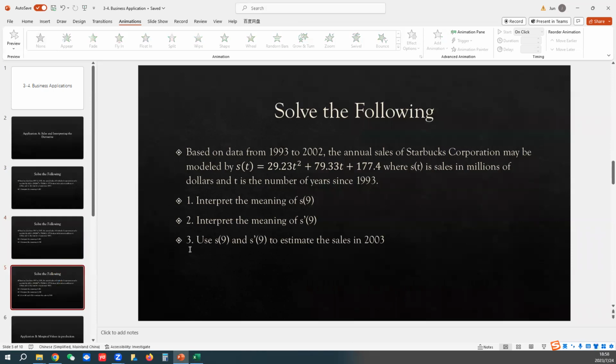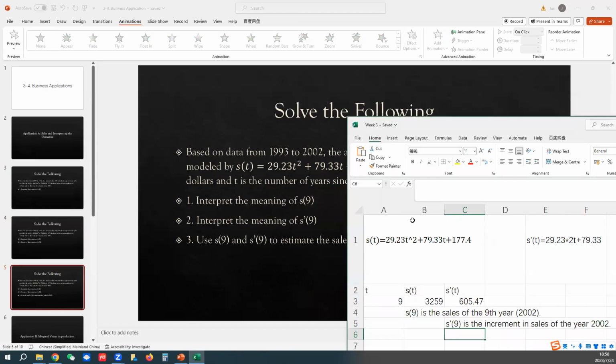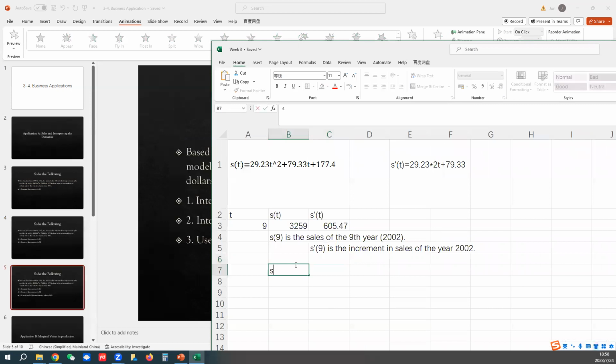The last one, use S9 and S prime 9 to estimate the sales in 2003. So first, S9 is the sales of 2002, plus now you're guessing the increase from the year of 2002 is S prime 9, and this increase lasts for 1 year, the difference between 2002 and 2003.